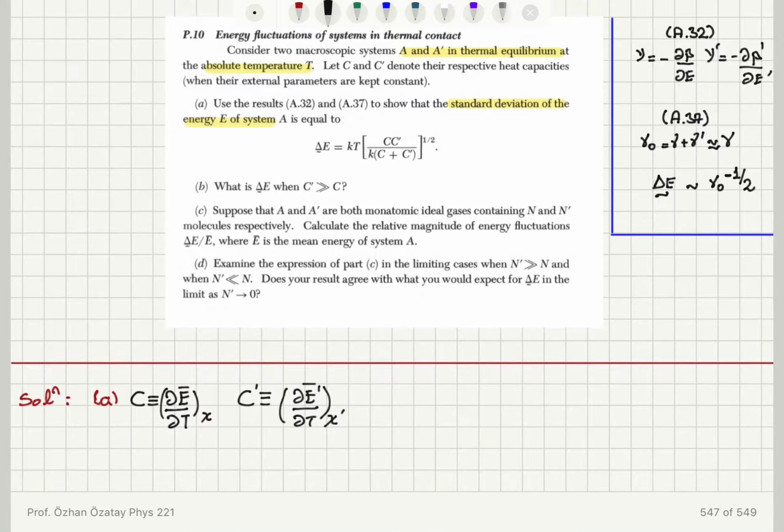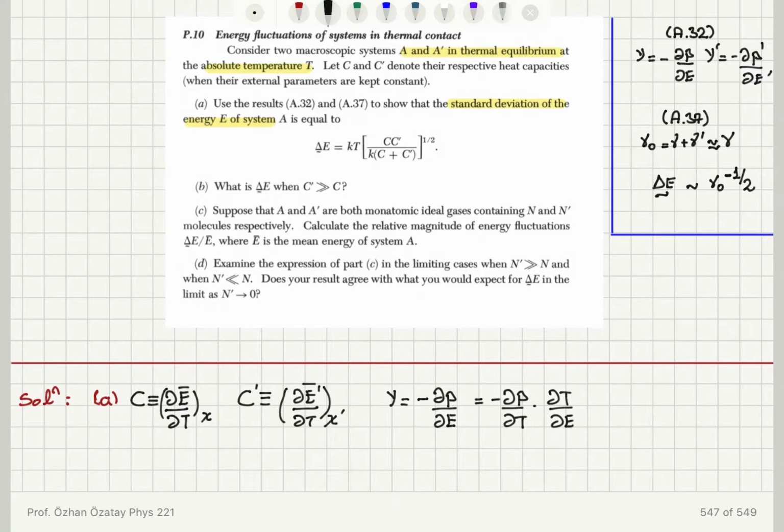So let me look at the gamma value. This gamma value was basically minus del beta del E. So I can write this as minus del beta del T del T del E.